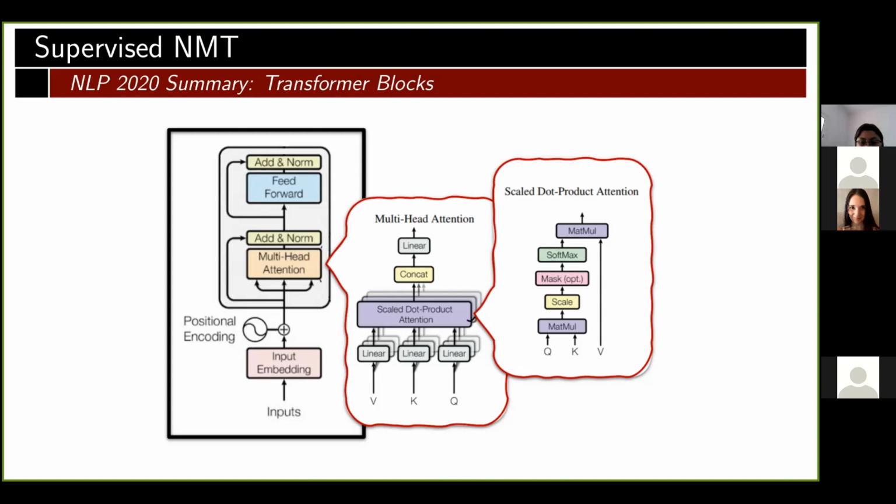You decompose your input word into these three matrices, and then do the attention mechanism on these matrices. That's mainly a scaled dot product, then you concatenate the output, and you have the output for your input.